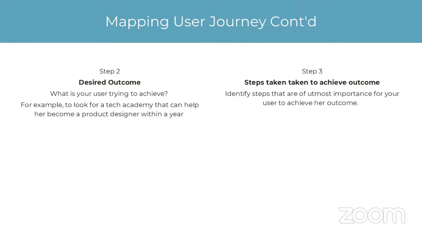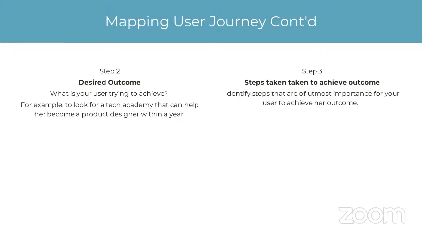For example, to look out for a tech academy that can help her become a product designer within 1 year. Remember, we said she's trying to transition from a receptionist to a product designer. So now our desired outcome is to say, okay, I want to transition. What do I need to do? What do I need to achieve? So look for a tech academy to help me become a product designer within 1 year.